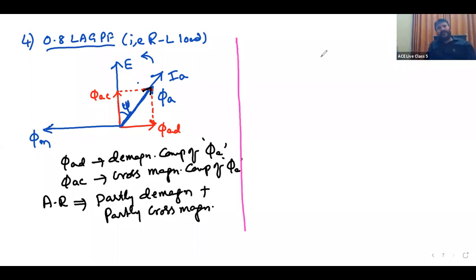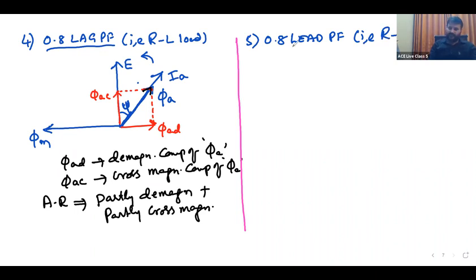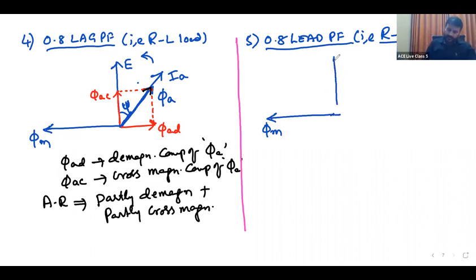Now, for 0.8 leading power factor, the loads are resistive and capacitive. For resistive and capacitive load, this is phi m, E, and this is IA, leading.